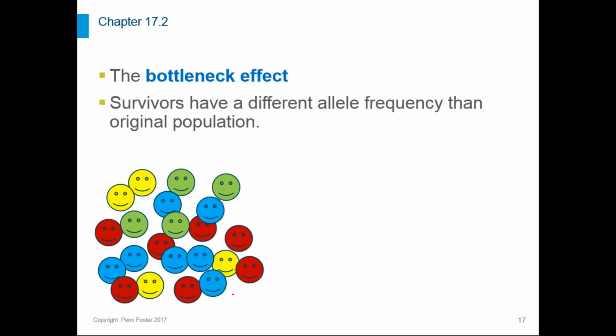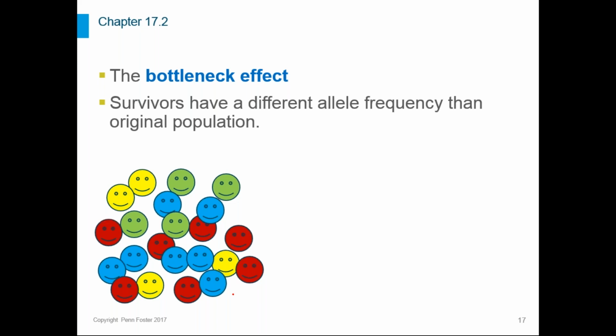The bottleneck effect is when there's a chance event, such as a flood or a disease, that causes most of the alleles to die, or most of the population to die, and the alleles of the individuals that happen to be left alive are different from the original gene pool.